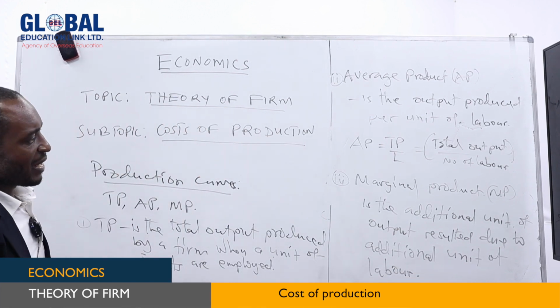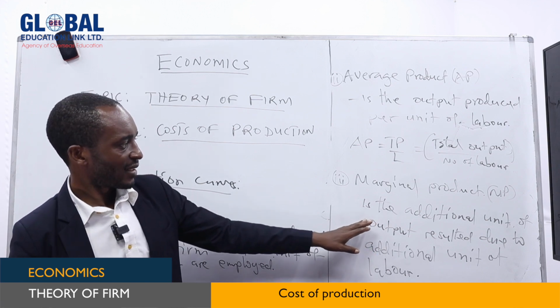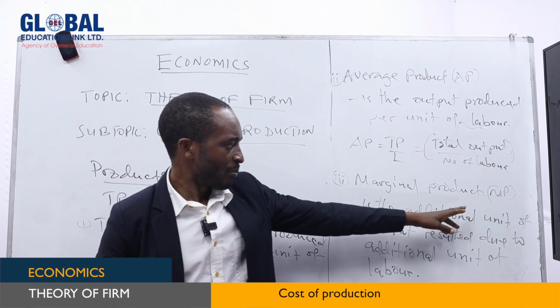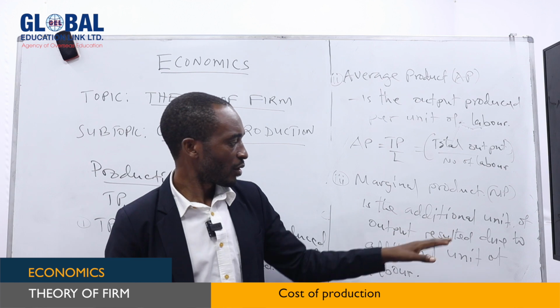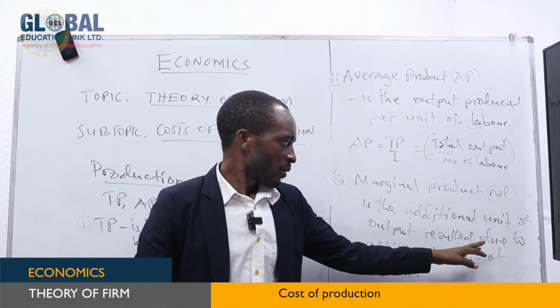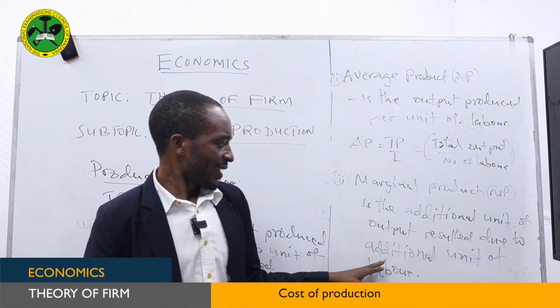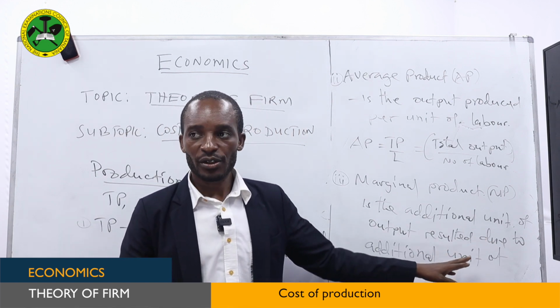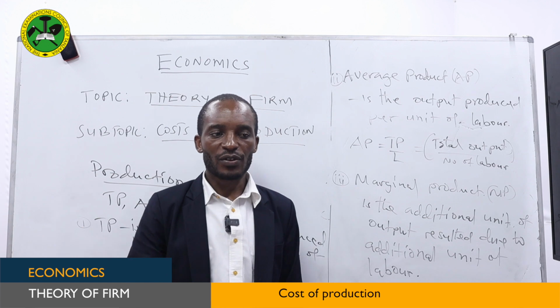So the marginal product, MP, is the additional unit of output resulting from the addition of one unit of labor.